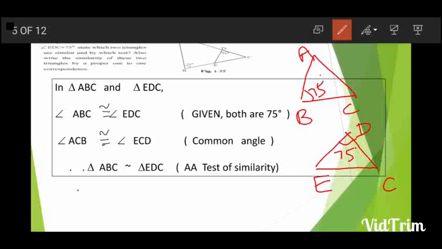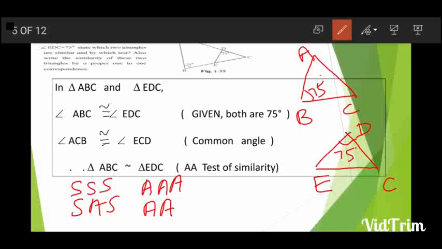Now children, for triangles to be similar, we have four tests: SSS, SAS, AAA and AA. But here the information given is about only one angle. That means at least one more angle should be given, but they have not mentioned anything. Then we have to find it ourselves.